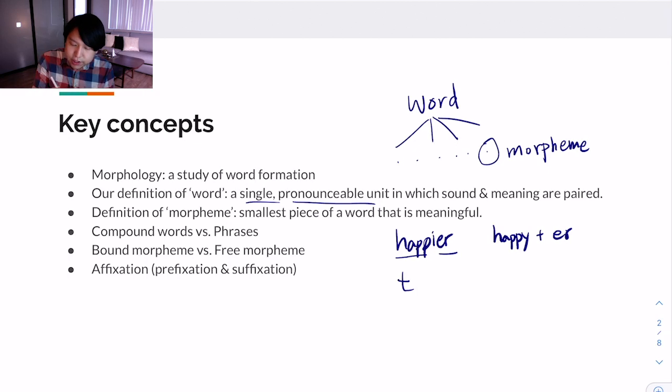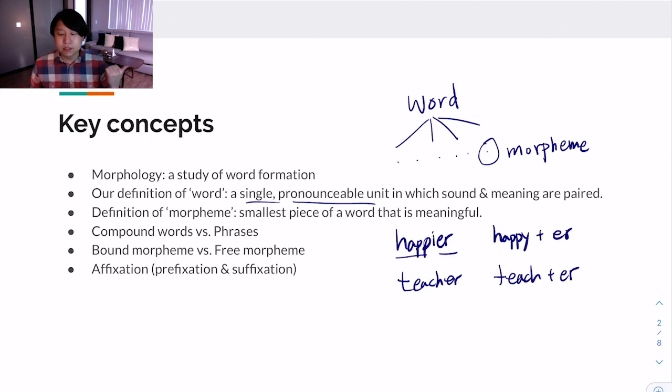What about teacher? Teacher is also a word with two different morphemes. One is teach, the other is er. Teach is a verb. It's to teach someone, to make someone learn. And here, although er sounds the same as in happy, it means a different thing. It's a different morpheme. This time it refers to a person who does the meaning of the verb, in this case teach.